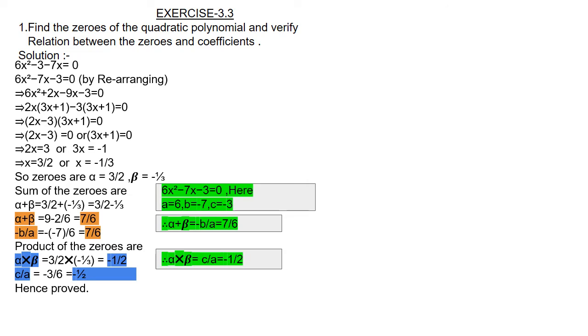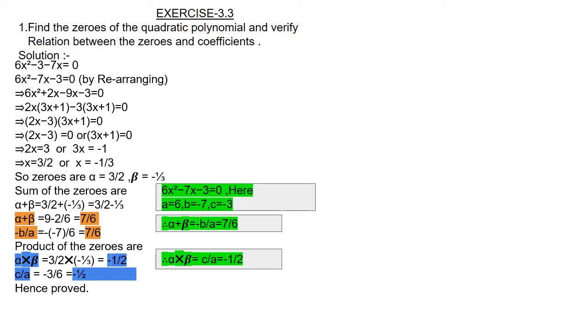Now another relation, the product of the zeros. If we multiply alpha into beta, that is 3 by 2 into minus 1 by 3, we will get 3 ones are 3 by 2 threes are 6. When we simplify, we will get minus 1 by 2. Now let us take c by a. What is c here? c is equal to minus 3, a is equal to 6. When we simplify this, we will get minus 1 by 2.